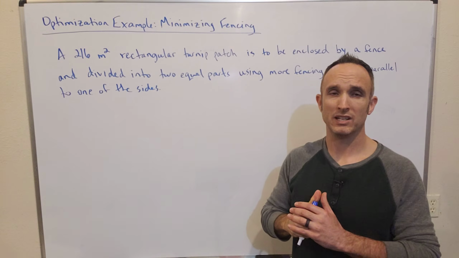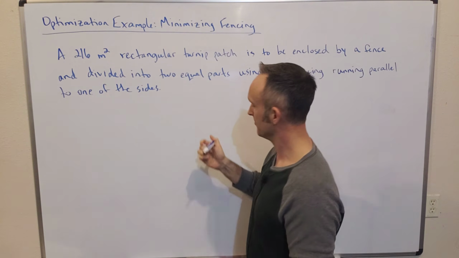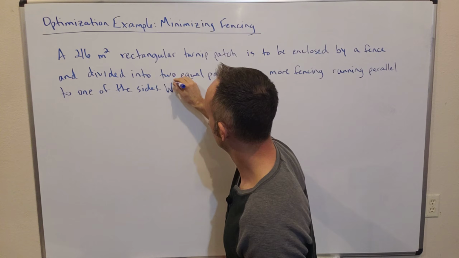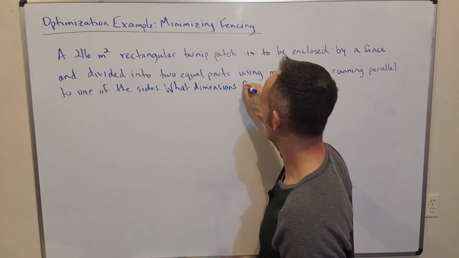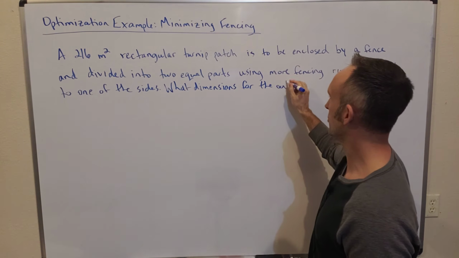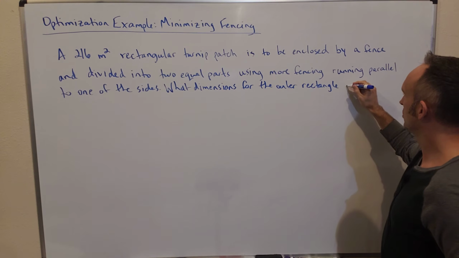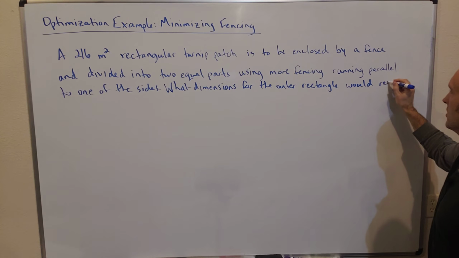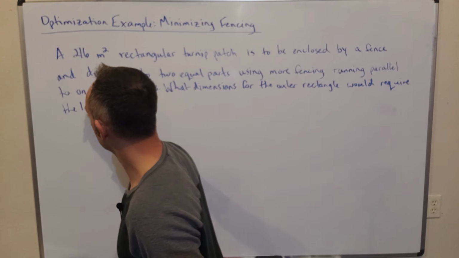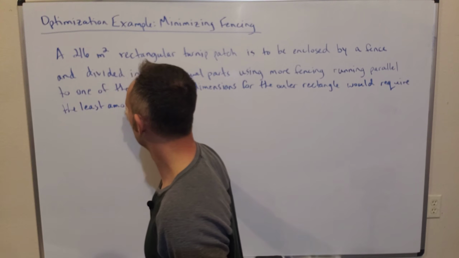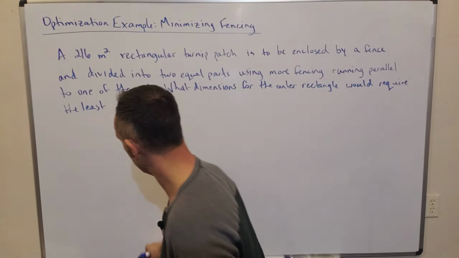And now what we want to do is figure out how to minimize the length of fencing that we need. So one way we could ask that is, what dimensions for the outer rectangle, and we're going to draw pictures of all this soon, would require the least length of fence.